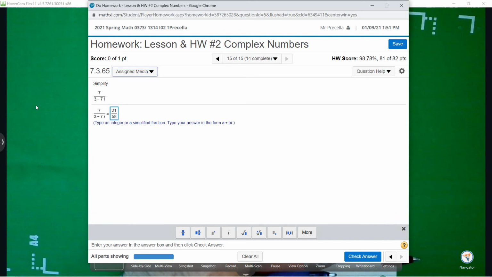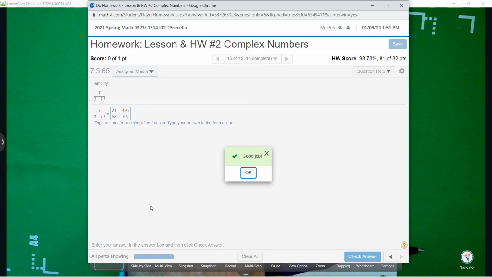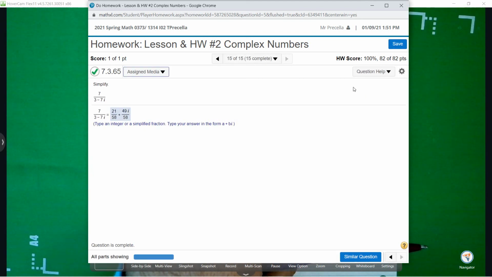I'll just move right arrow and then put the plus 49i slash 58, or you could have used the fraction bar or fraction key if you want. So now I will check it, and if you look right up here, notice my grade is going to change from a 98 to a 100. Okay?